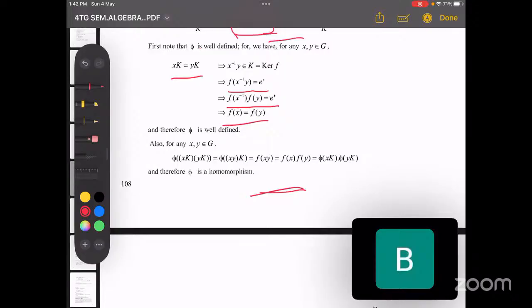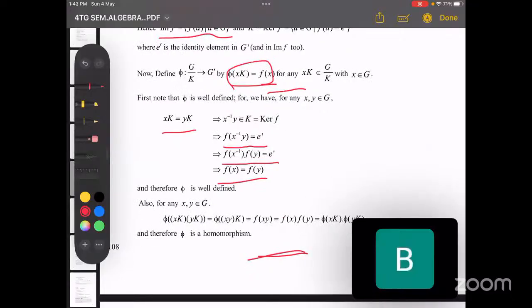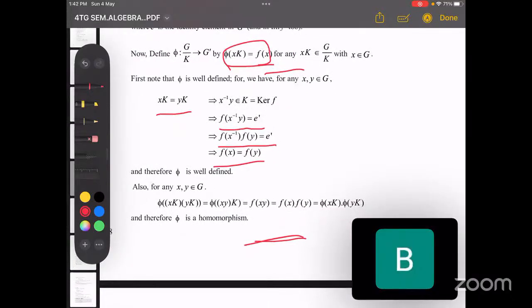Now f of x, as we defined before, is the pi value, that is pi of xk. So in place of f of x you are writing pi of xk, and in place of f of y, you are writing pi of yk. Therefore, whatever f of xy is, you are defining in the form of the homomorphism.